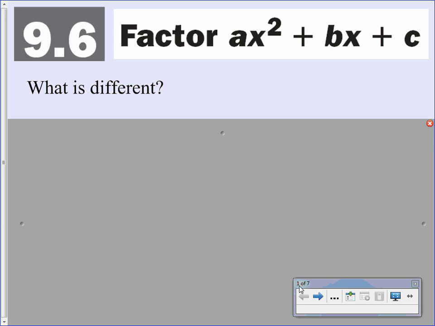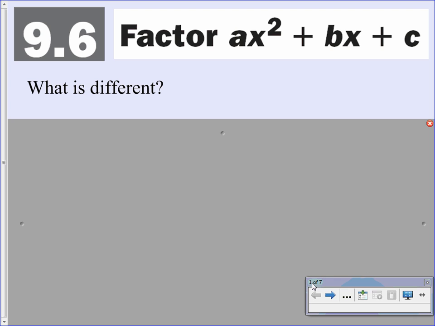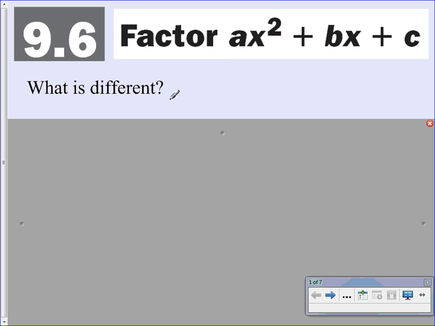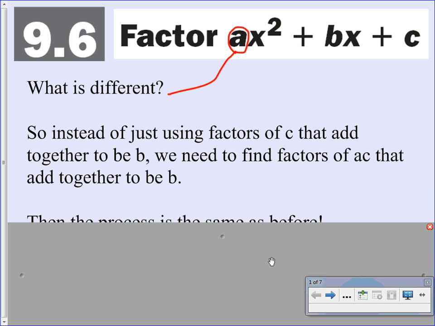So this is 9.6. Key thing that's different, look at this equation, ax squared plus bx plus c. The huge thing that's different is that a. That is going to be a huge issue for us. What does that make us do?